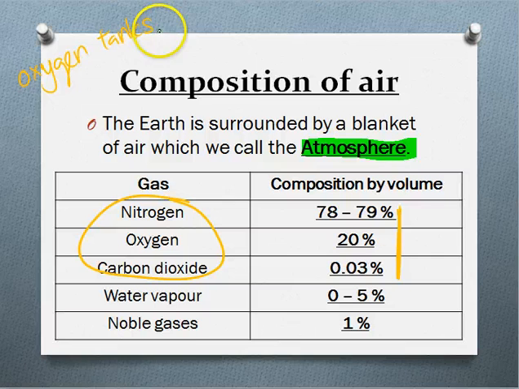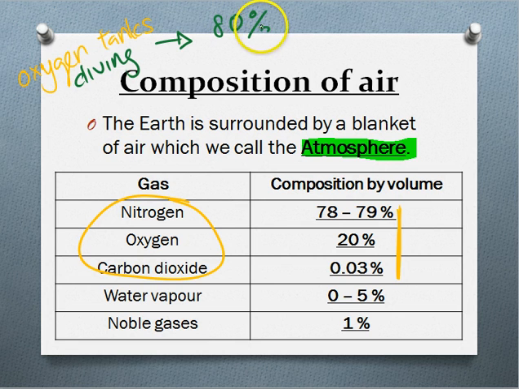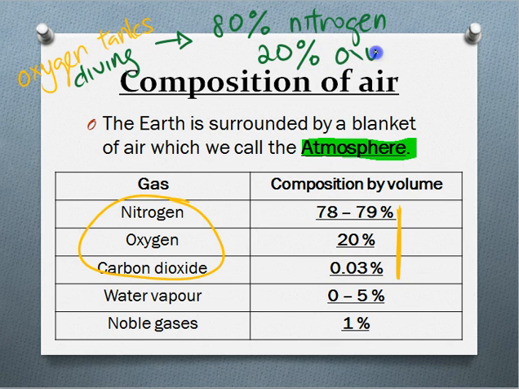So the oxygen tank that they use for diving is actually made out of 80% nitrogen and 20% oxygen. So this will actually match the composition of air that we breathe. 20% oxygen.